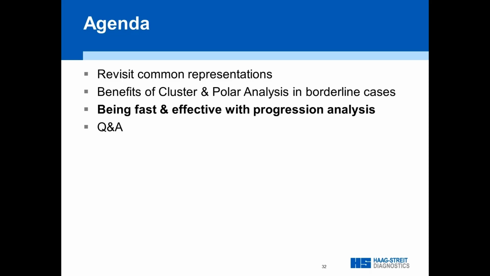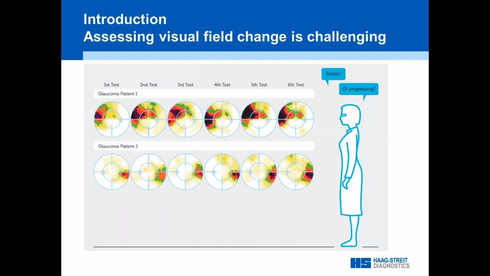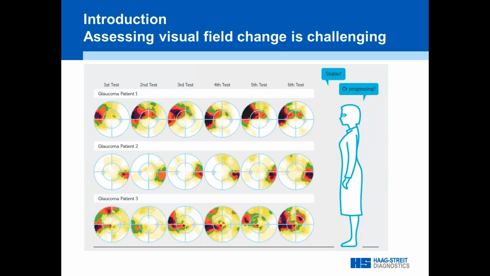Okay, let's move on to the progression analysis. I don't know how many of you use one or how many of you look at serial reviews, but no matter what, I guess we all know assessing visual field change is quite challenging. We're looking at different series, especially if progression is not that fast, especially if patients are not that consistent.